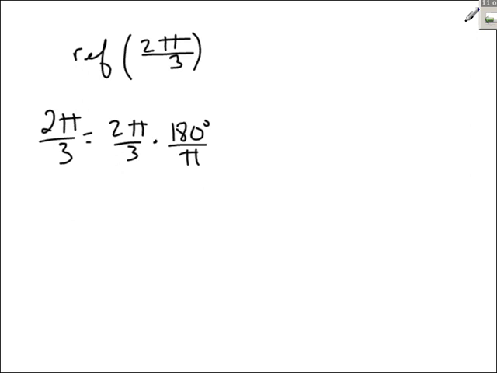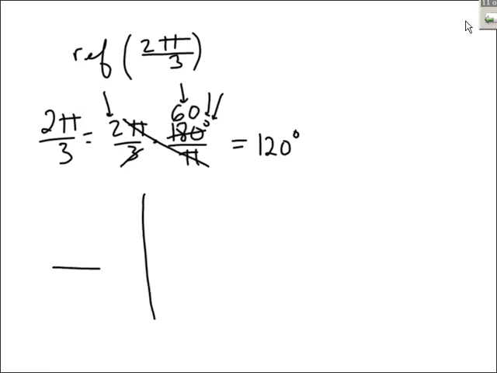I put the degrees on top because I want to end up with degrees. The pi's cancel. 3 goes into 18 6 times with a 0. 2 times 60 is 120 degrees. So let's draw this.